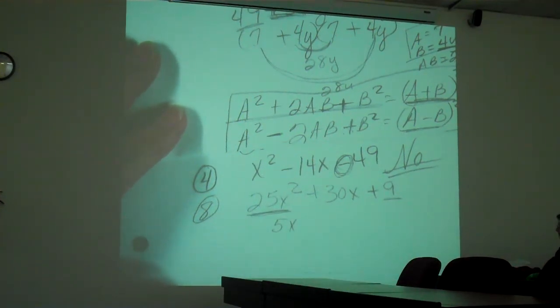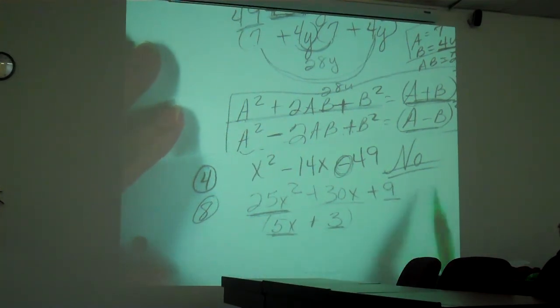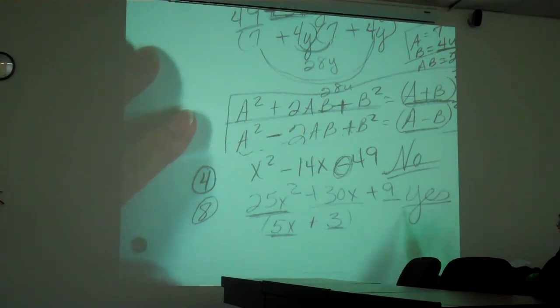What's the square root of 9? 3. If you look at that times that, you get 15x. When you double 15x, do you get that? We need to put a plus here, right? Well, it doesn't matter, we're not factoring it. But yes, it does. So yes, that one is a trinomial square. If you have to start factoring it to figure it out, that's fine.